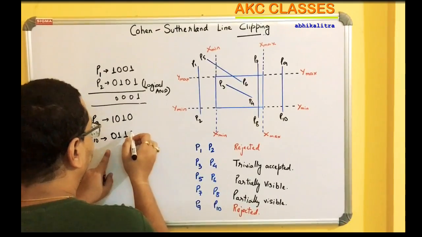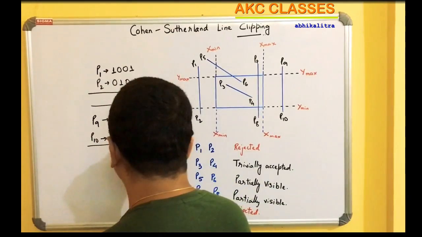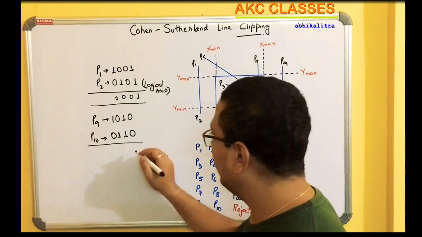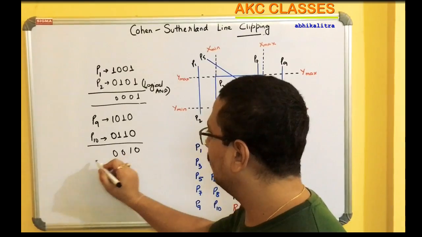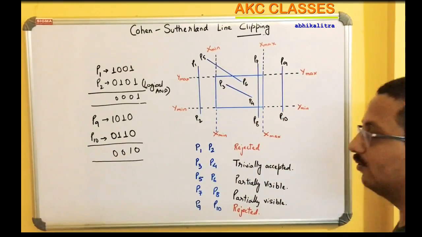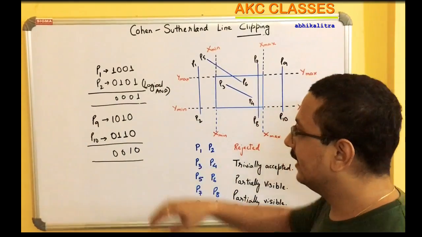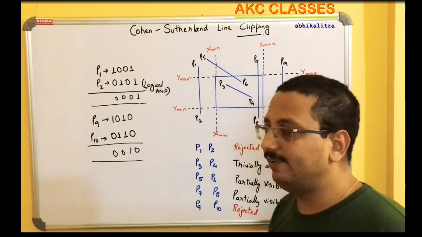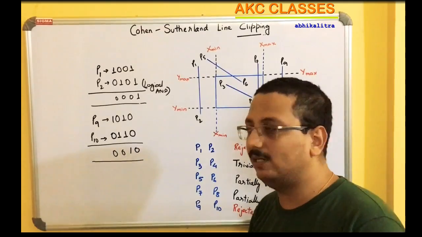Left of X min? No. If you perform a logical AND, you get 0, 1, 0, 0. So again it is not equal to 0. Obviously we then understand that these two lines are completely outside the rectangle boundary, and we simply reject those lines. This is the main logic.